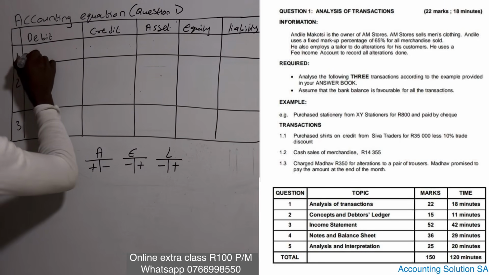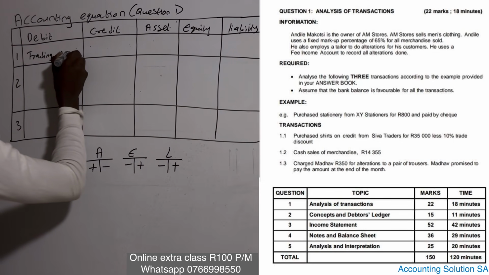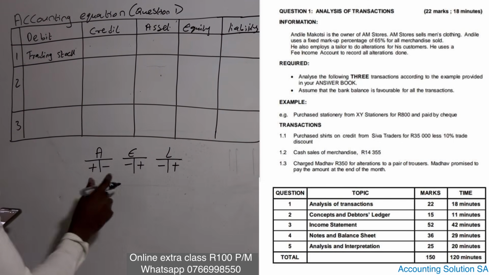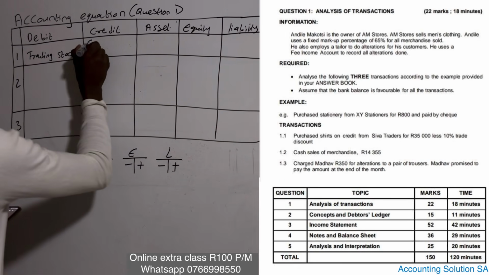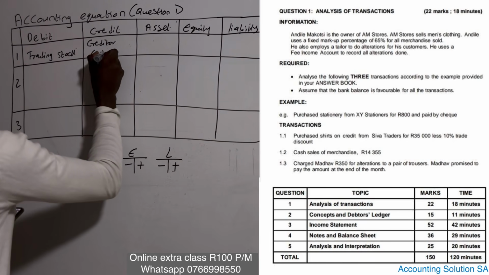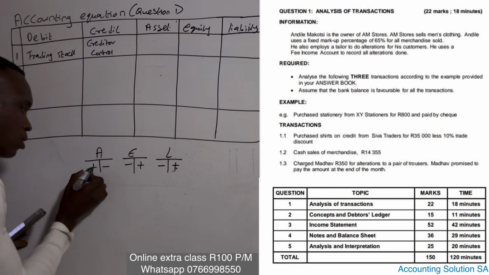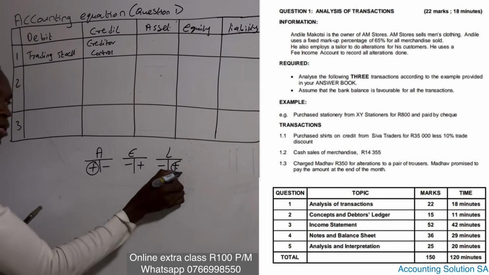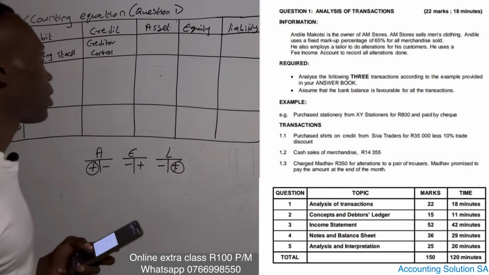We have more stock. That's why trading stock is debited. Okay, what has increased now is debt, because we didn't pay anything, which means that creditors control is going to indicate to us that our liability has increased. Once you debit, the other one must credit. You can't debit both and you can't credit both in accounting.